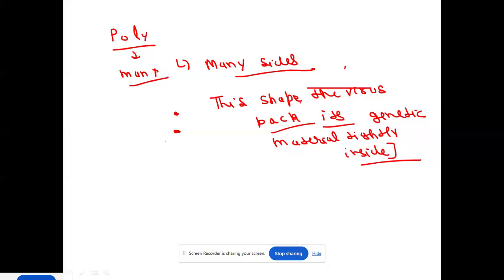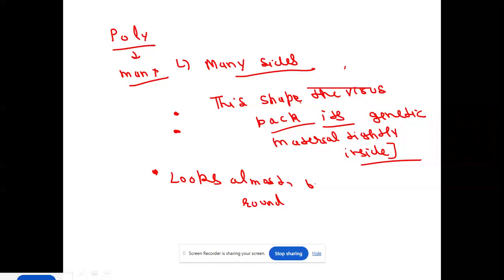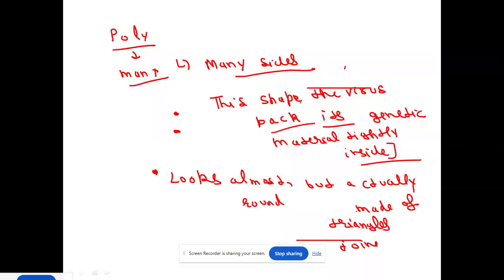So actually it looks almost round, but it is actually made up of many triangles which are joined together.